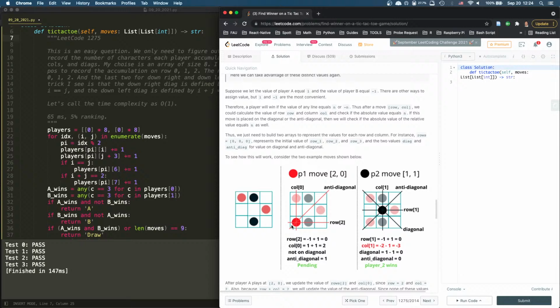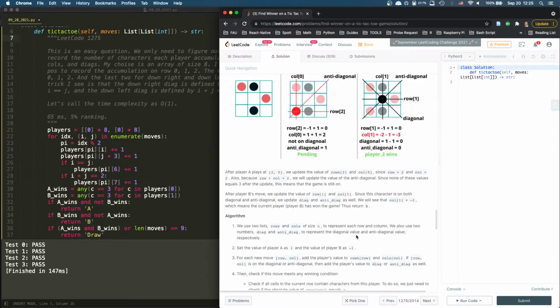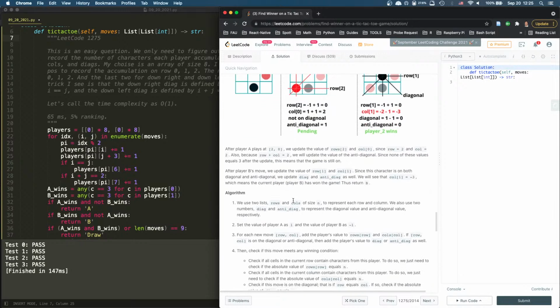Anti-diagonal equals 1. Two numbers to represent. This is similar to mine, but I just keep adding. What they're doing is, we not only add, but we also minus, right? And whenever something reaches 3, we can return immediately.